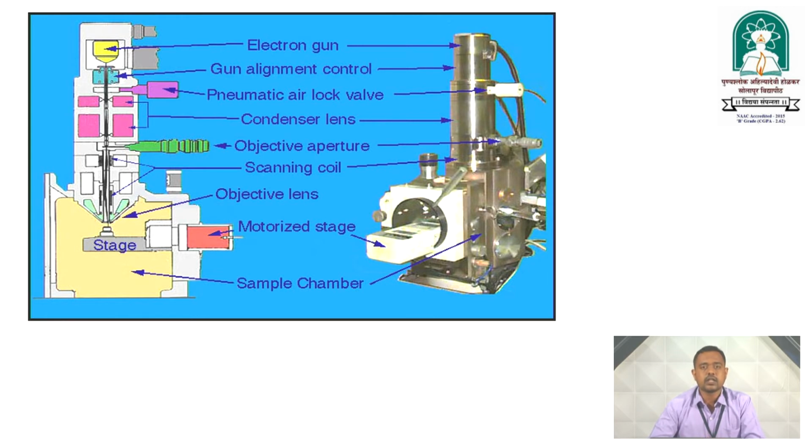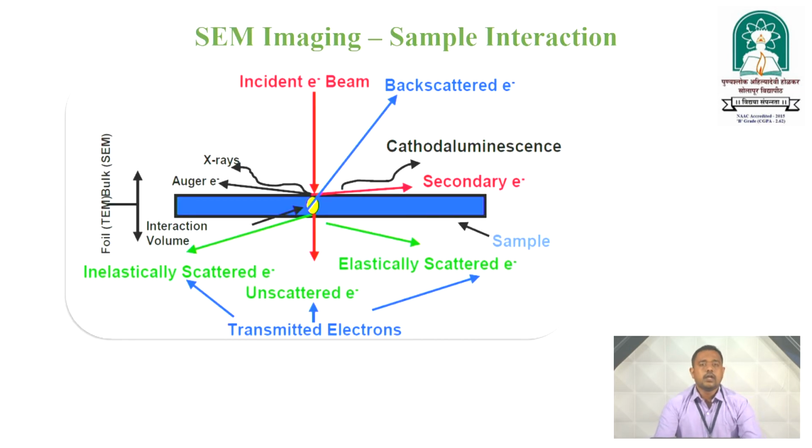That motorized stage is to put up the sample for which we analyze the surface features, and the chemical analysis can also be done using the sample stage. So this is just the assembly and construction of our scanning electron microscope.